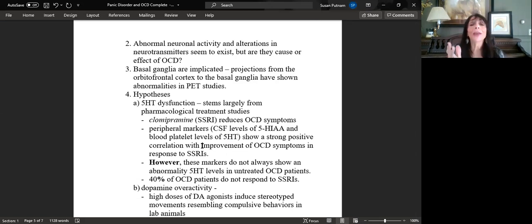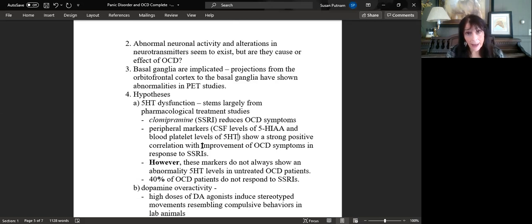However, and you knew that was coming, right? I'm sorry that has to happen so often. These markers do not always show an abnormality in untreated OCD patients. So there are OCD patients who do not have markers that indicate abnormal serotonin levels.